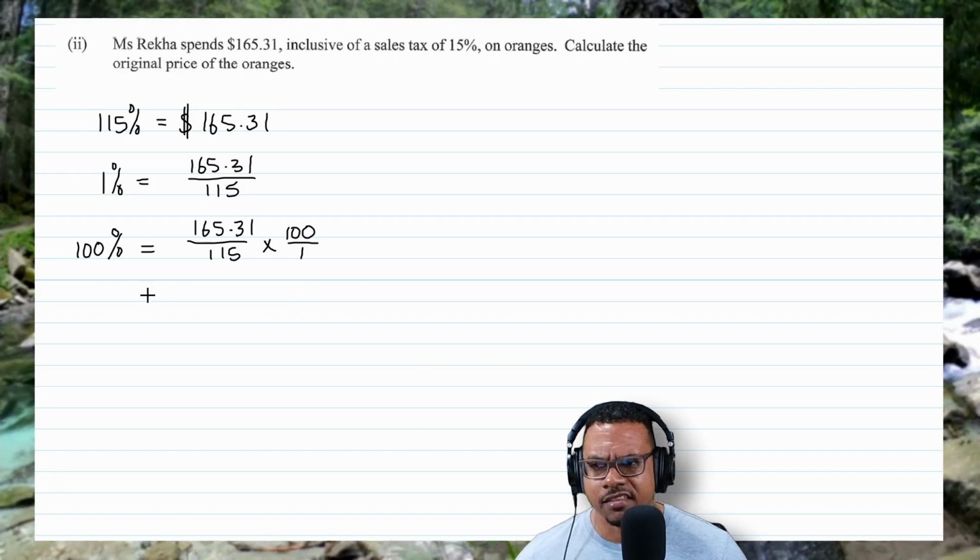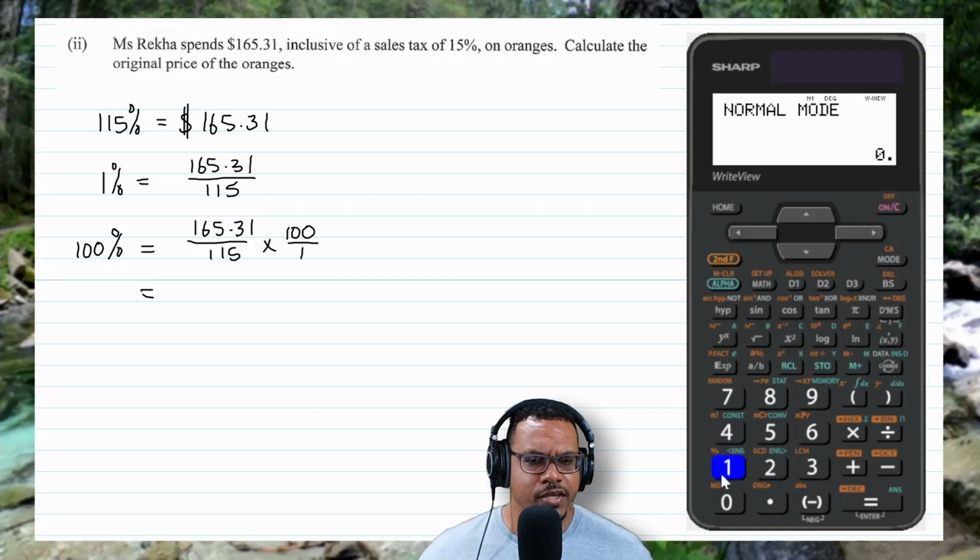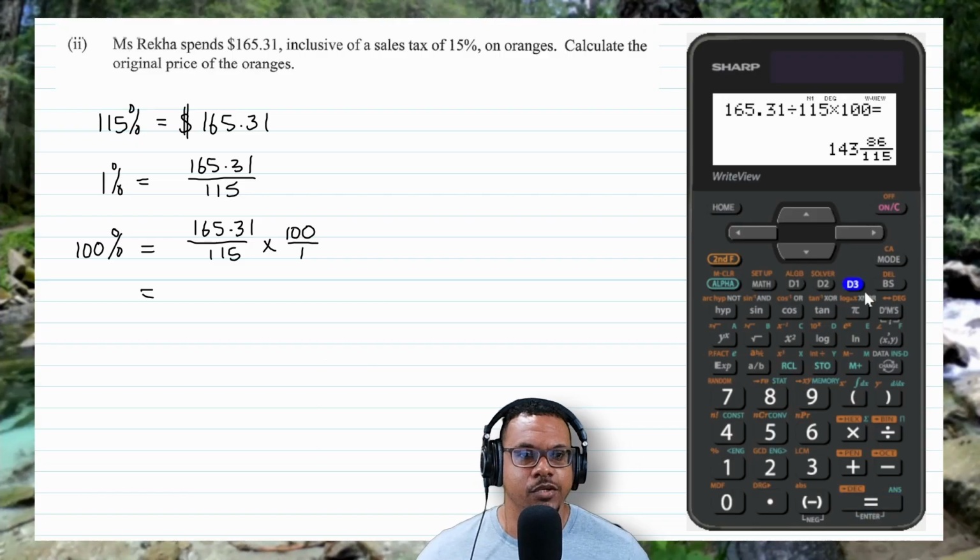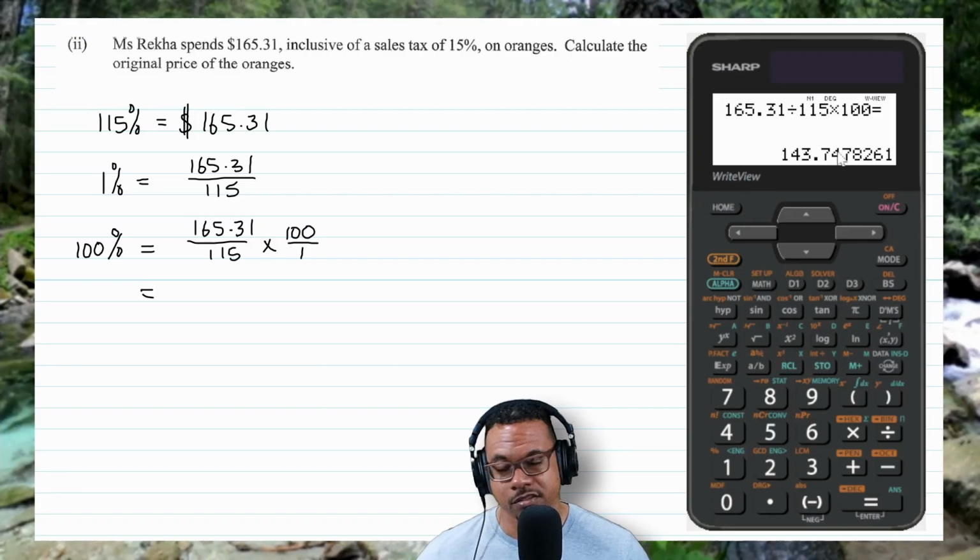And we can do that entire thing on the calculator. So we have 165.31 divided by 115, and we're going to multiply by 100. And that's equal to 143.74. We stop at the 4 because we deal with money, so money goes up to 2 decimal places.